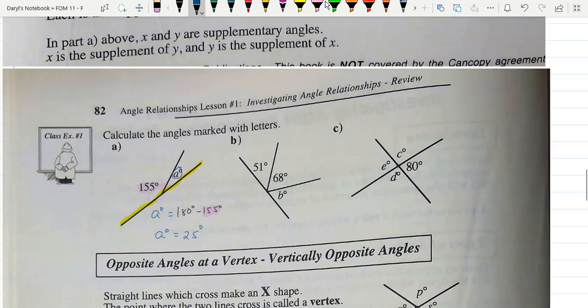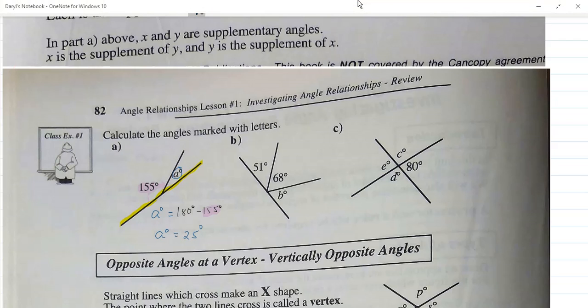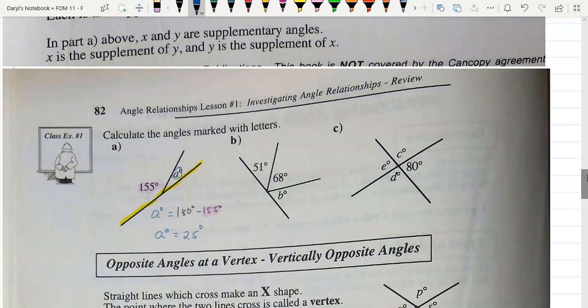So let's take letter B here. What would be the angle measurement of your angle B? So that means that this particular angle measurement here, that would be your angle B. So how would you get the answer for your angle B? Again, if you can see, this would be a straight line.